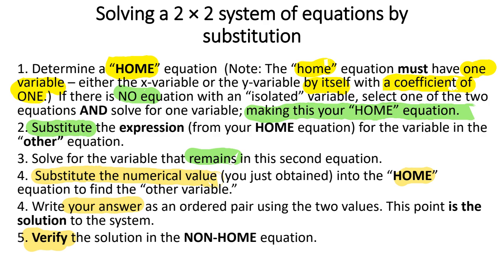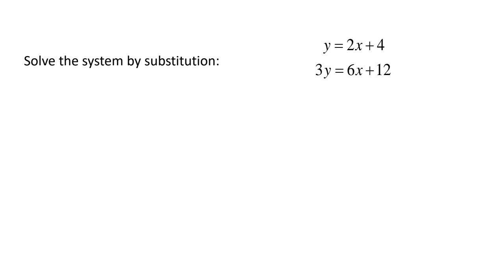Let's look right here. Now, notice the instructions. Solve by substitution. Well, the first thing I want to do is to find a home equation. Well, if you look at the very first equation, notice that I have the y all by itself on one side of the equation, and it has a coefficient of 1.